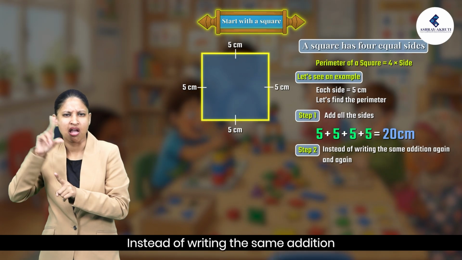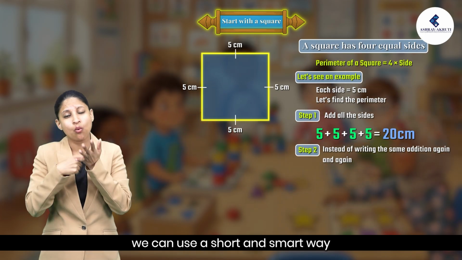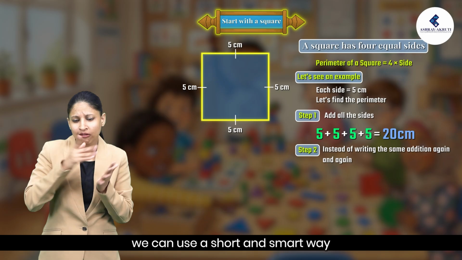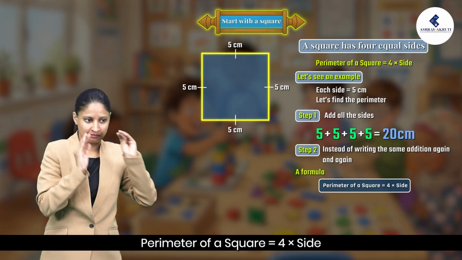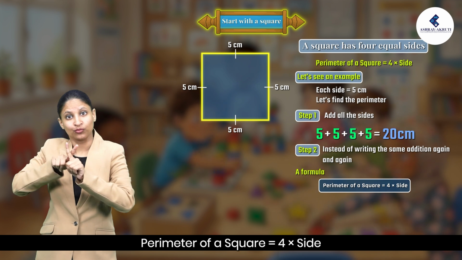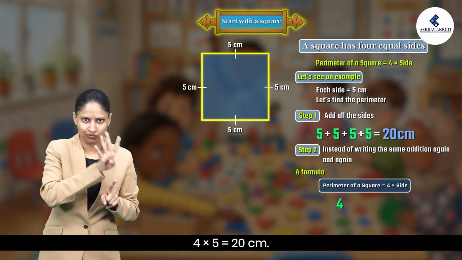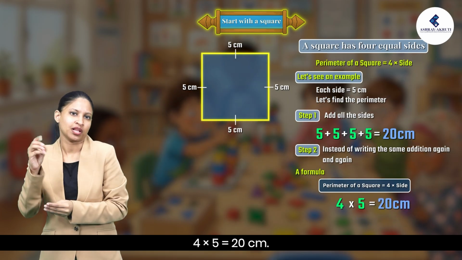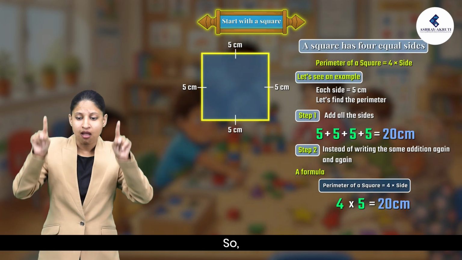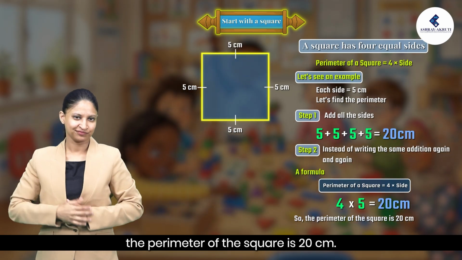Instead of writing the same addition again and again, we can use a short and smart way. A formula. Perimeter of a square is equal to 4 into side. Now multiply. 4 into 5 is equal to 20 centimeters. So, the perimeter of the square is 20 centimeters.